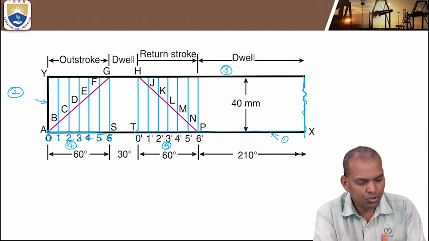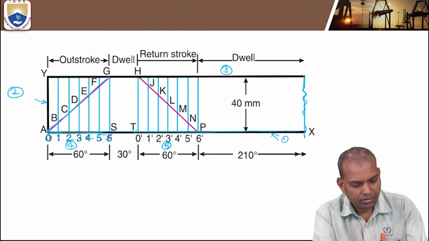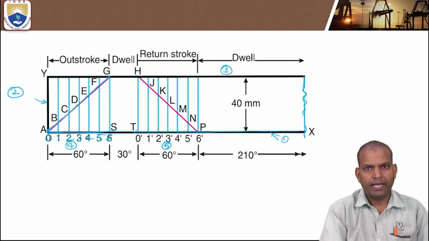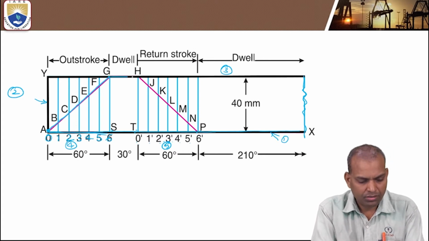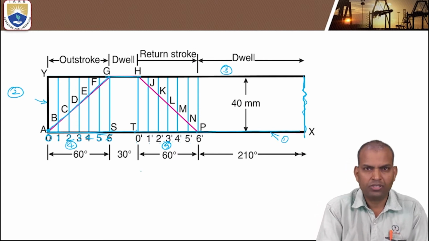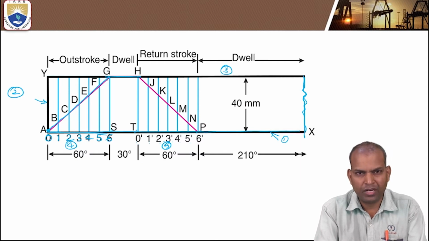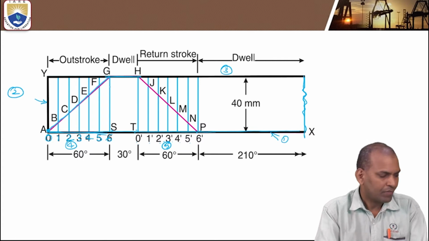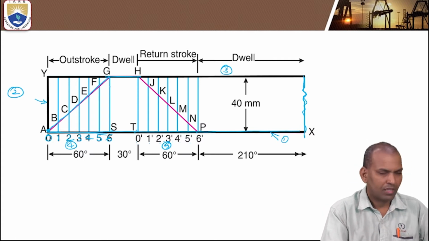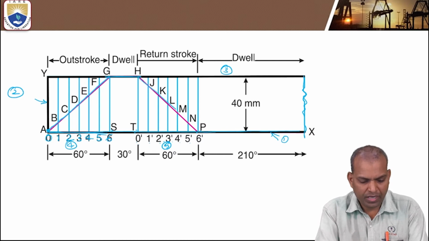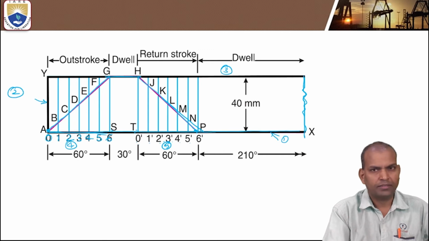Now join A to G, and GH. Because during outstroke it is uniform velocity, it becomes a straight line. And also HP is a straight line.